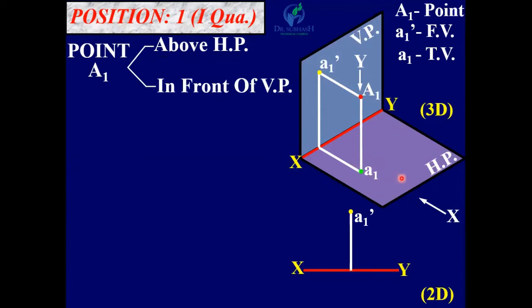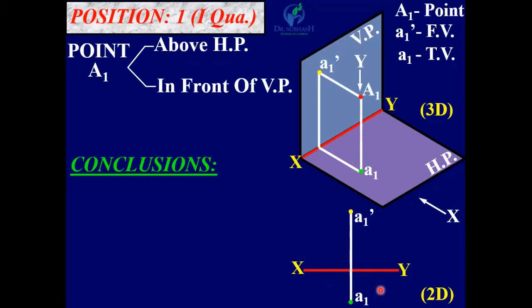Now in 2-dimensional, you can see the top view is below the XY line. If we rotate this horizontal plane 90 degrees in the clockwise direction, then our top view will be below the XY line. So here you can see this is a1.